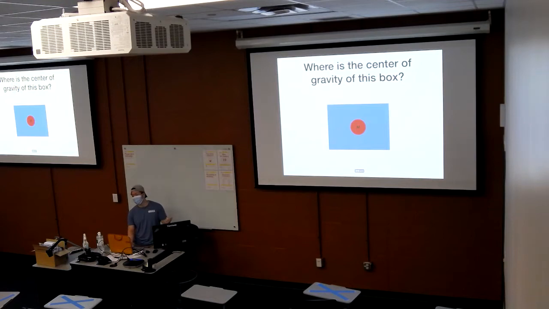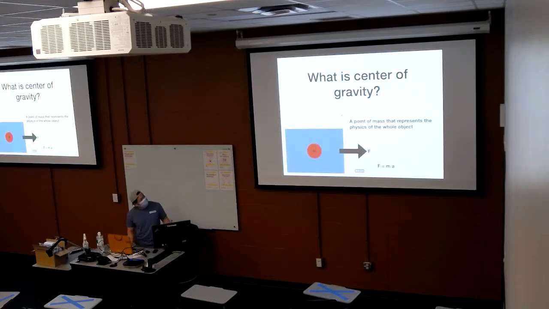So someone really smart developed a concept called center of gravity or center of mass, so we can use a single point of mass to represent the physics of this object. Usually it's the balance point, so it's in the middle for this box. And the center of mass will obey the physics rules: if you apply a force F to this box, the whole motion will obey F equals ma, Newton's second law. So that's the concept of center of mass with an easy object.